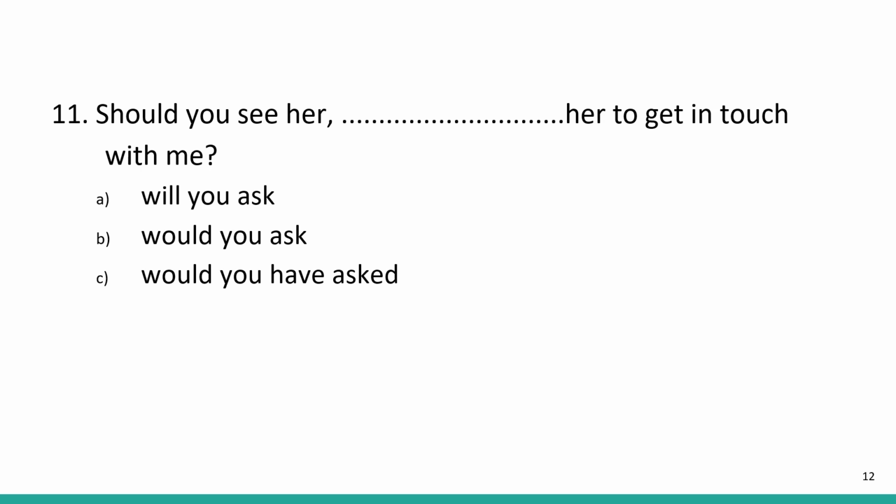The sentence begins with should you see her, dash her to get in touch with me. It means I'm asking a person that if you see her, the person I'm talking about, will you ask her to get in touch with me? This is a simple condition.